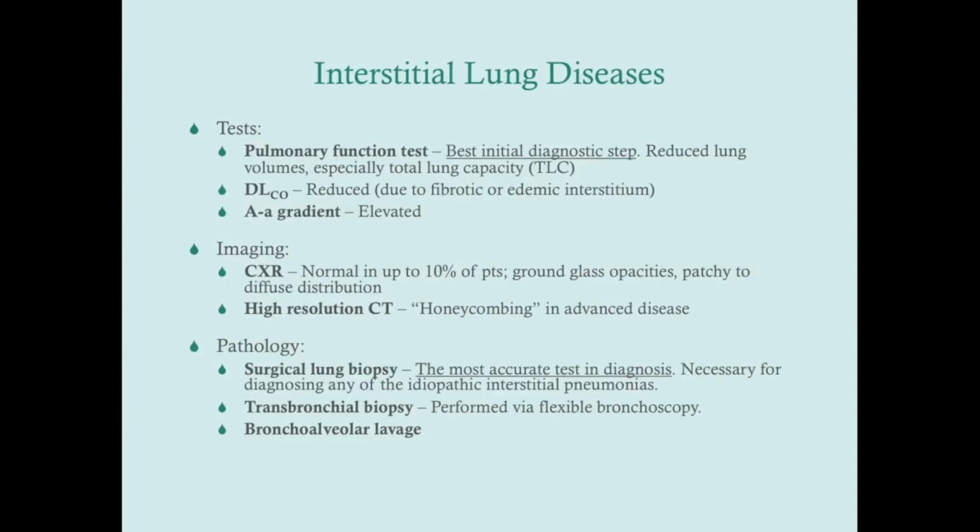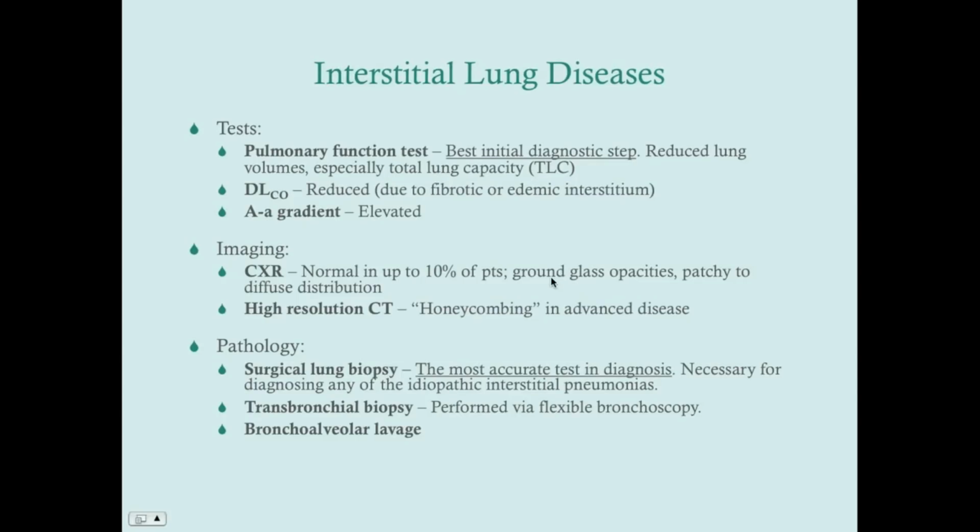And then your A-a gradient would be elevated in any of the interstitial lung diseases. Again, that's going to be normal in patients with a non-pulmonary restrictive lung disease. As far as imaging, chest x-rays are going to play an important role in most of the diseases. It's normal in up to 10% of patients. Otherwise, things you see most often in the interstitial lung diseases are ground glass opacities, with a patchy to diffuse distribution.